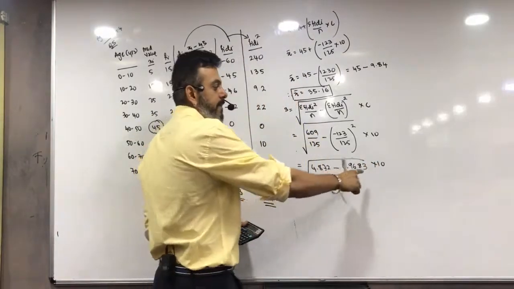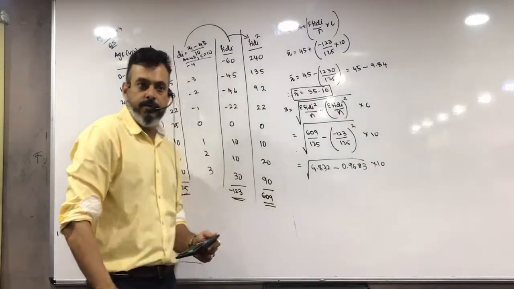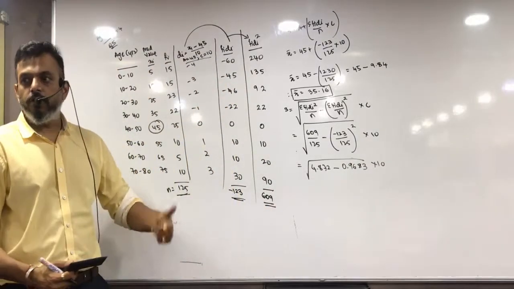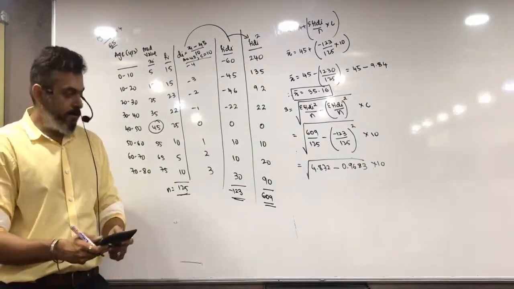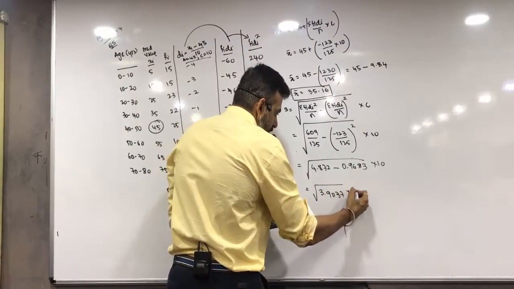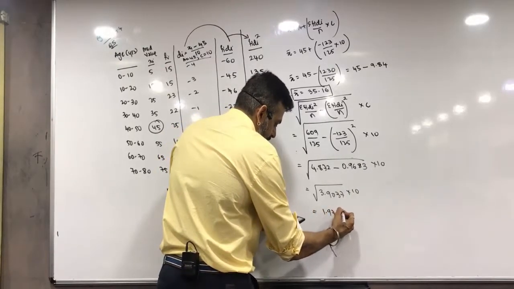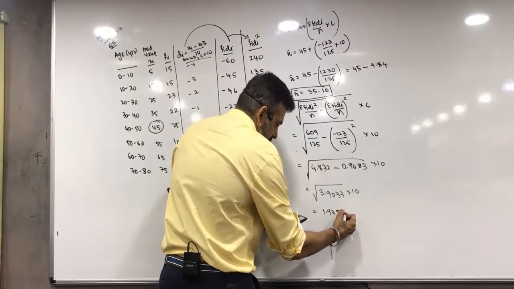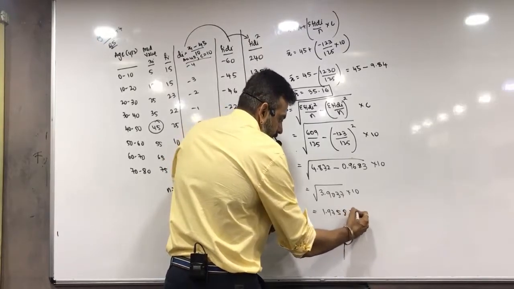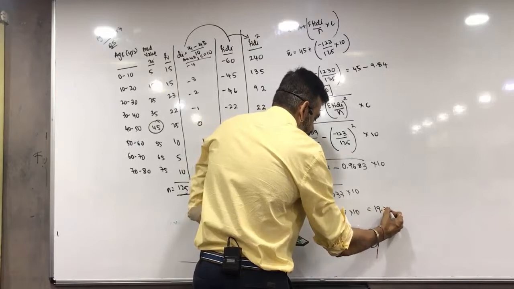Now since you are going to multiply by 10, even your fractional part may make a difference in the answer. That's why you go up to 3 or 4 decimal places. Under root 3.9037 into 10, 1.97577, into 10, which is equal to 19.76.